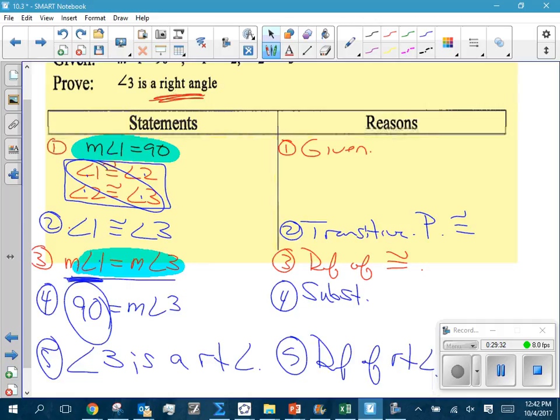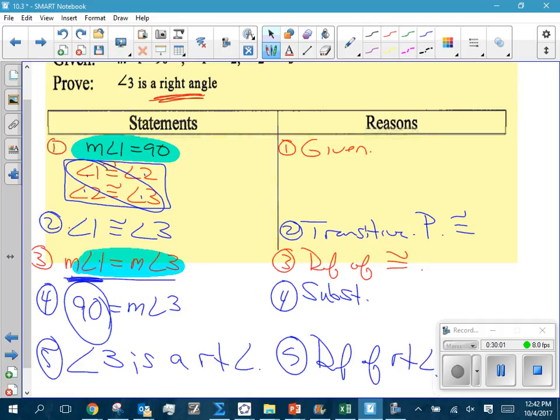Because if you say, because it's shown that the measurement is 90 degrees, what you've actually written down in your reason column is the actual definition phrase that you would see in the back of the book, in the glossary, for a right angle. Does that make sense? But understand that some of our definitions might be paragraphs long.